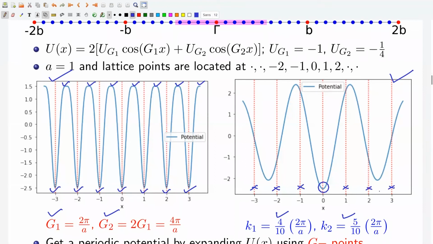Thus, if we expand u of x in terms of allowed k values, we do not get a potential having the periodicity of the lattice. In conclusion, Fourier series expansion of u of x must be done in terms of G points to ensure that u of x has the periodicity of the underlying lattice.